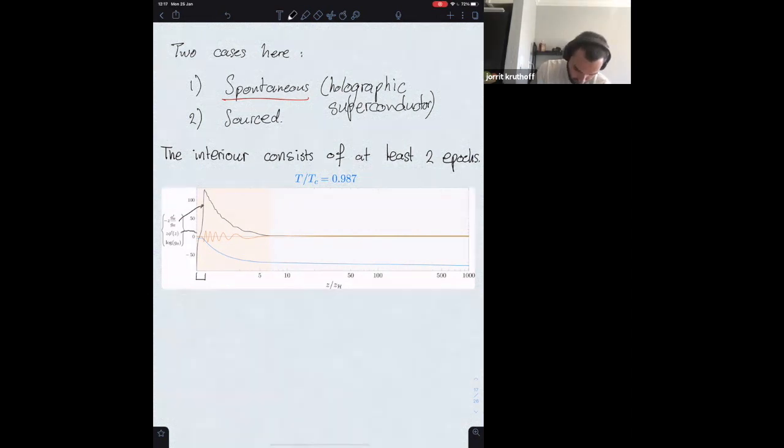Then the scalar field derivative is plotted in orange, and the logarithm of g_tt is plotted in blue. This first part of the geometry here is what I discussed before, Einstein-Rosen bridge collapse. And so basically the same analysis as we did before in the neutral case also goes through there.